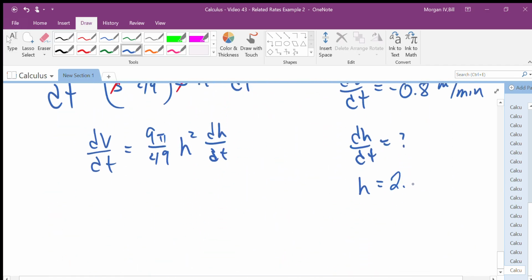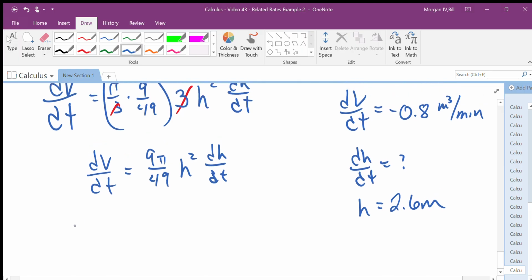I'm just going to plug those numbers in. dV/dt, negative 0.8, equals 9 pi over 49, h squared, h is 2.6 squared, times dh/dt.